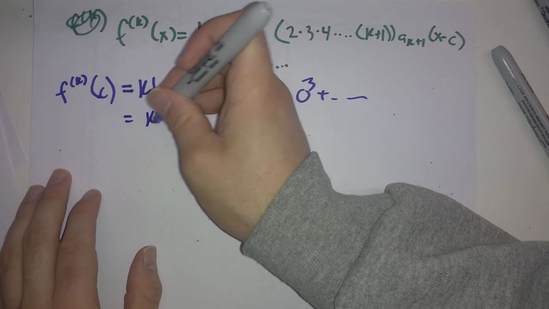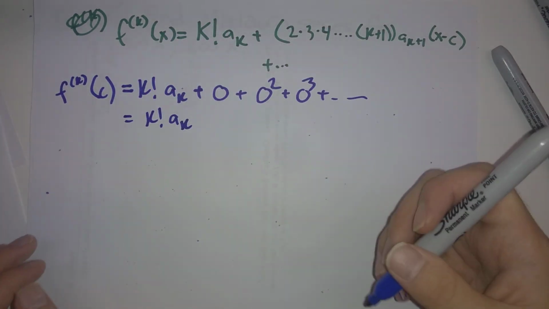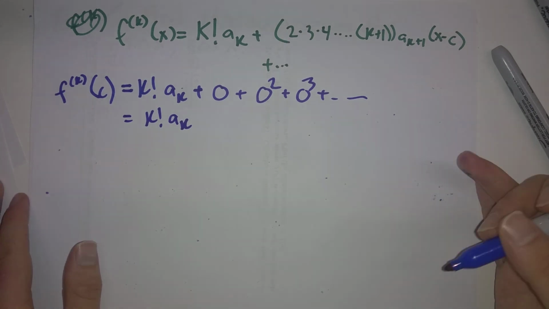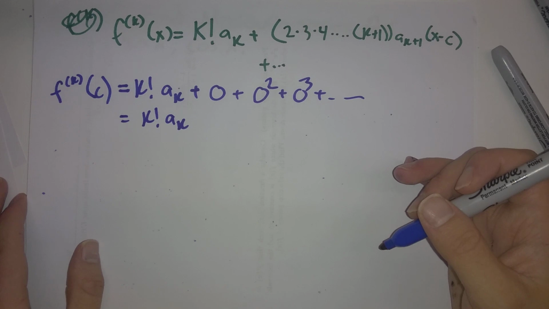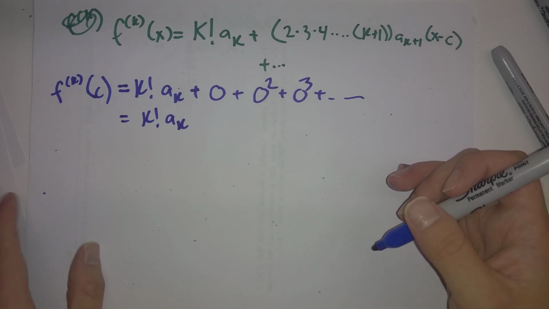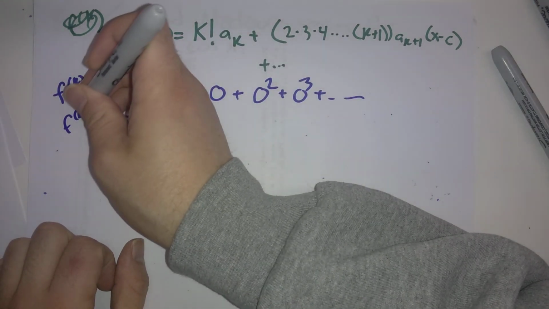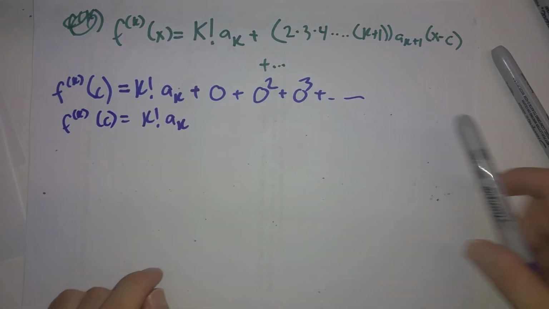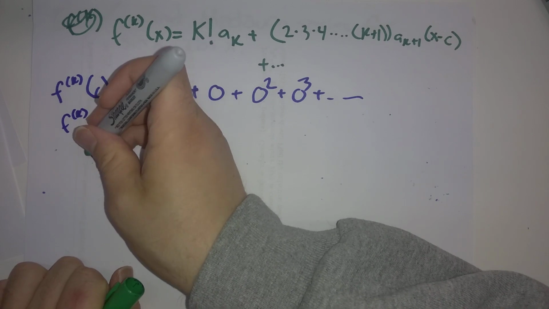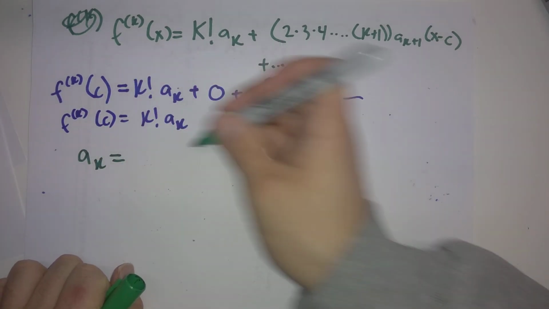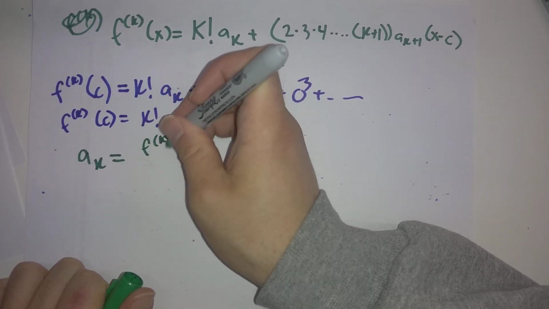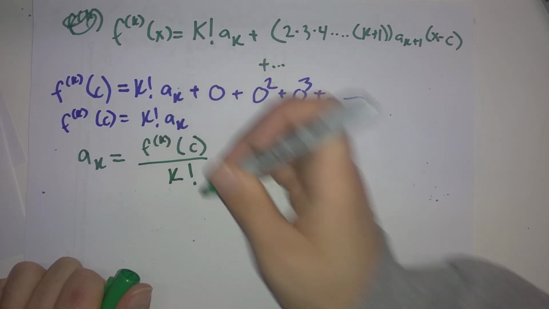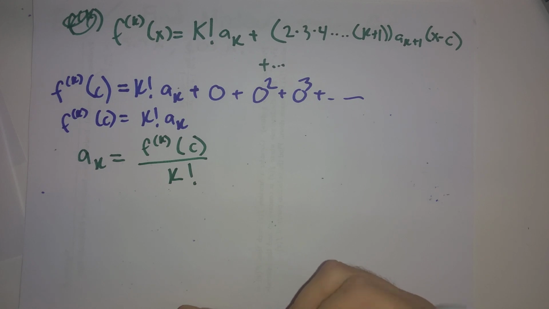So this is just k factorial times a sub k. The kth derivative of f evaluated at c is k factorial times a sub k. Solving this for a sub k gives us the kth derivative at c divided by k factorial.